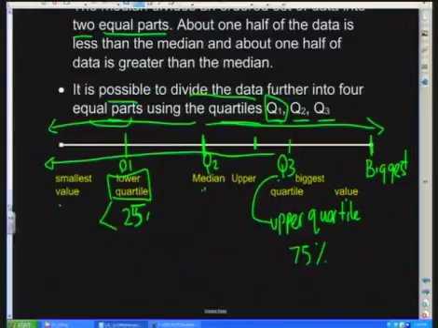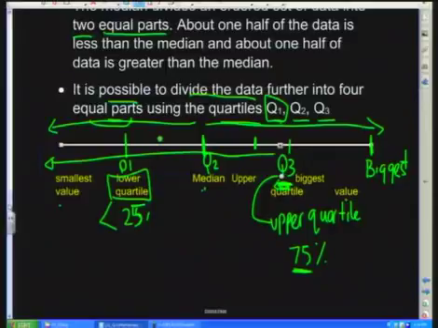So when you're working out your quartiles, you'll get some number as your Q3 or your 75th percentile, and 75% of data will be less than or equal to whatever value we've worked out for Q3. That will make more sense when we're looking at an example.